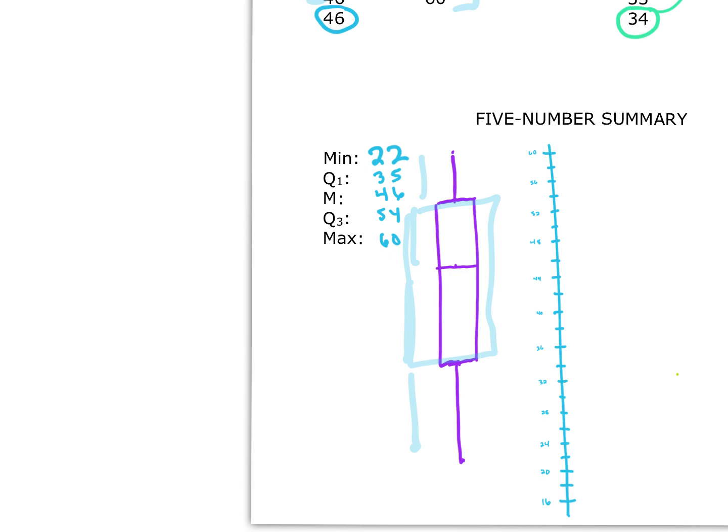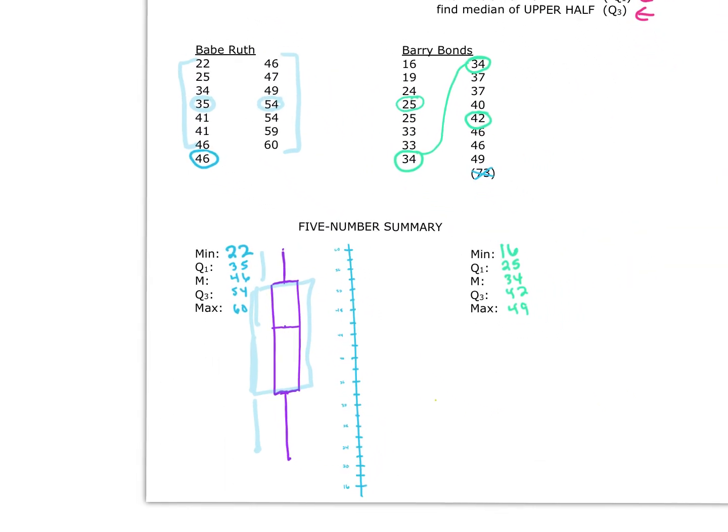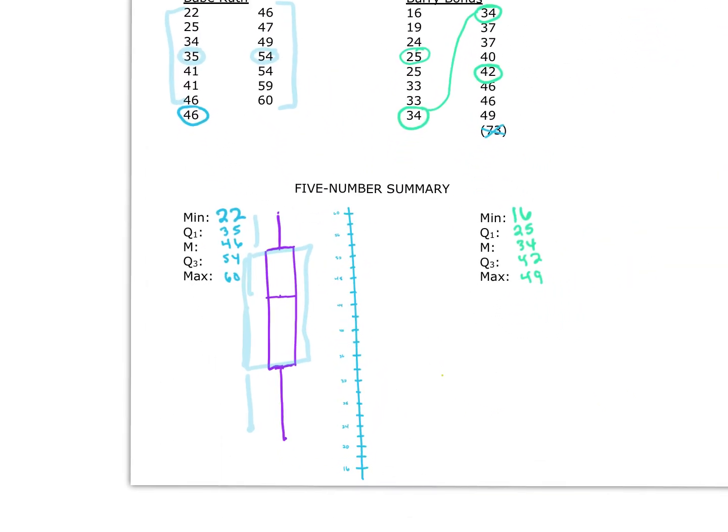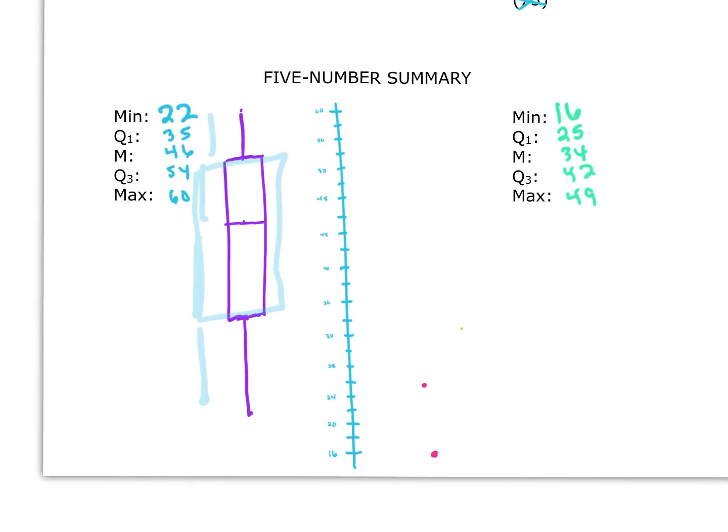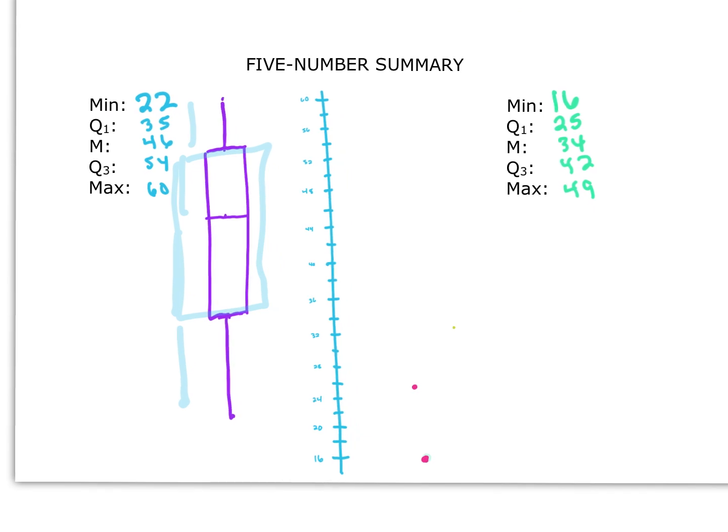You are right. All right, let's draw the box plot for Barry Bonds, and then we'll make some comparisons here. Okay, so 16, oops, I want to change colors here. 16, 25, I need to make this a little bigger to help me with this. 34, 42, and 49.